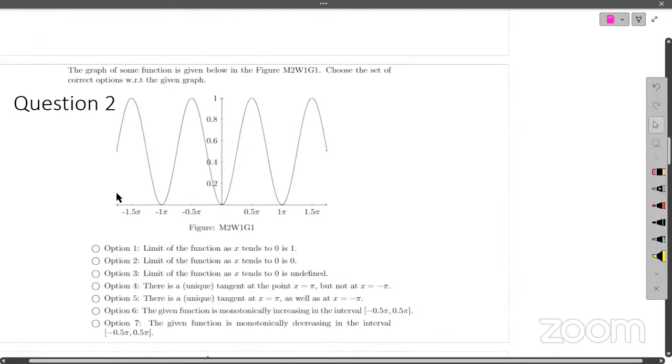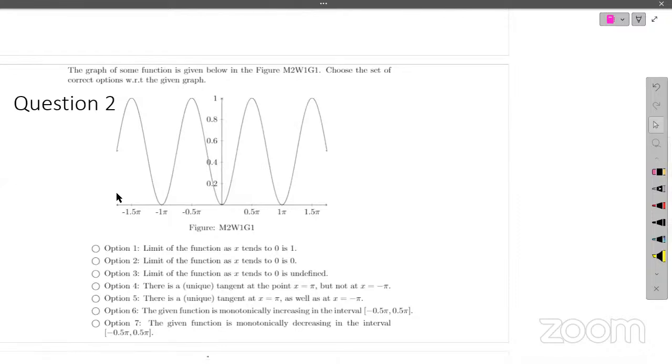Here also you have to judge the limit, but again, tangent at a point. Have you guys learned about the tangent? Unique tangent. Yes, ma'am.